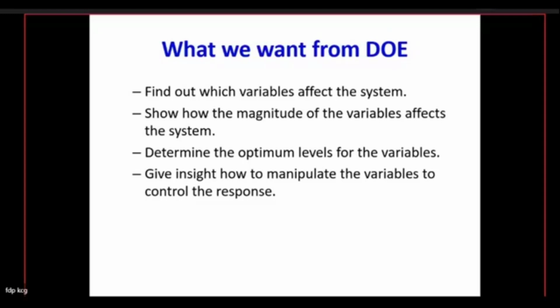When they are interacting, either in a positive way or in a negative combination, then either beneficial effects or harmful effects, or it may be just synergetic effects that we want to find out. On the basis of this, we have to go for the optimum level of the variables and get insight into how to manipulate the variables.